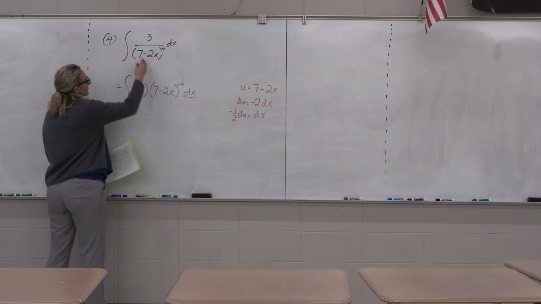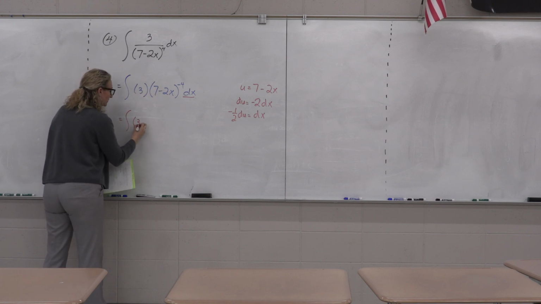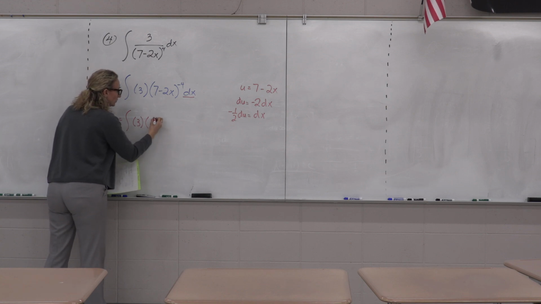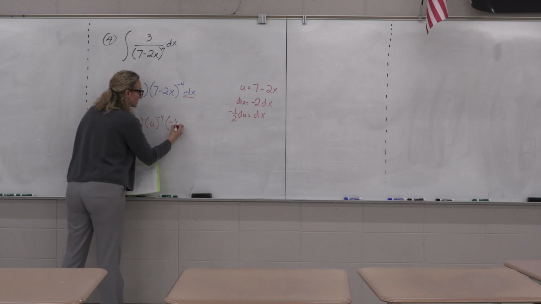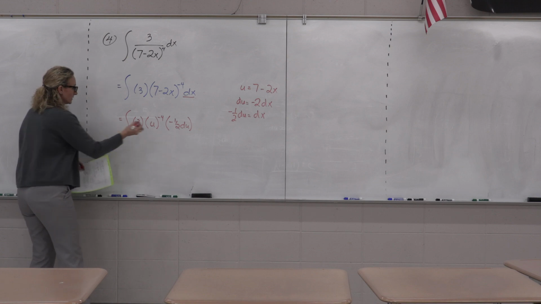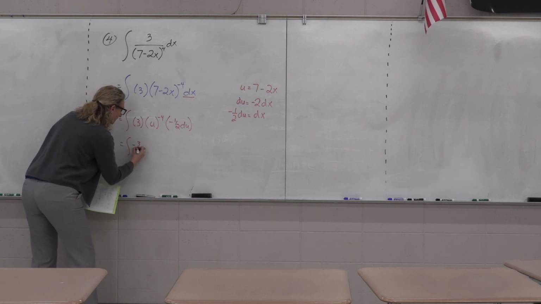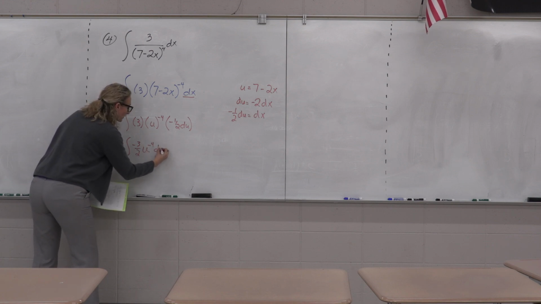Equals. Now again, it doesn't matter if I wrote it like that or that. So I've got the factor of 3 times, this was u to the -4 times dx, which is -1/2 du. Okay, so multiply things together. -3/2 times u to the -4 du.